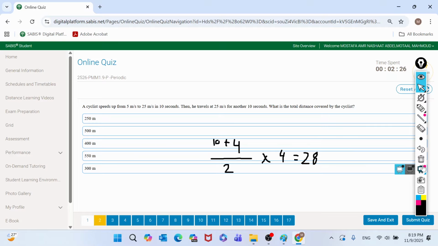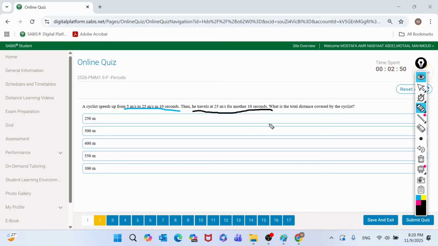Okay. A cyclist speeds up from 5 meters per second to 25 meters per second in 10 seconds. Then he travels at 25 meters per second for another 10 seconds. What is the total distance covered by the cyclist? So here there are two segments of motion. There's this segment, and we have this segment. Okay.